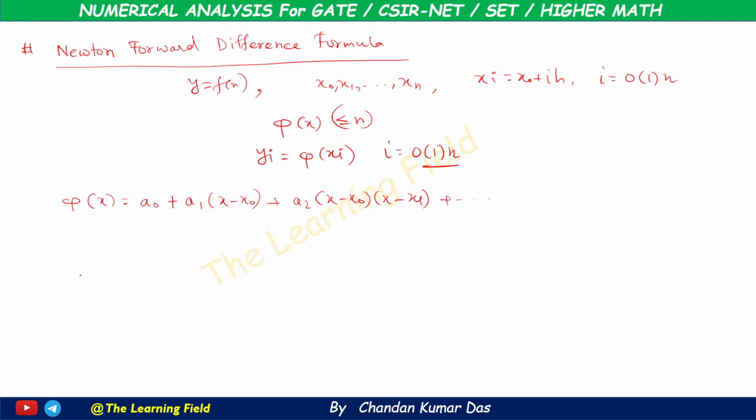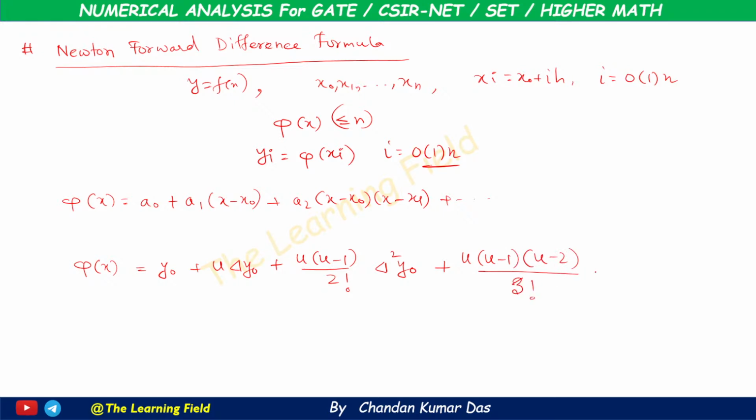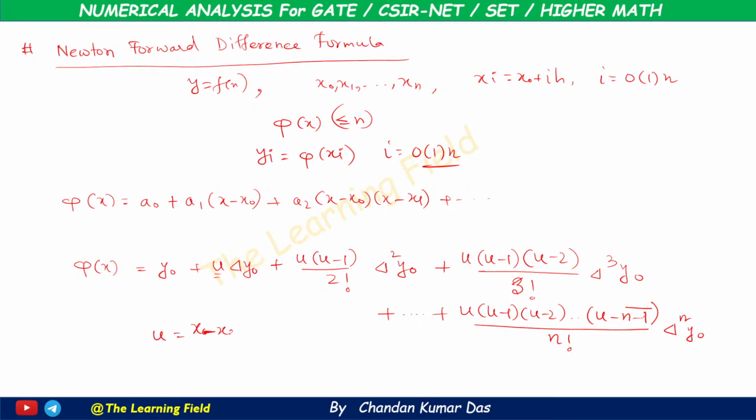The Newton forward interpolation formula phi(x) is equal to y0 plus u delta y0 plus u into (u minus 1) by 2 factorial delta square y0 plus u into (u minus 1) into (u minus 2) by 3 factorial into delta cube y0, and so on, plus the last term u into (u minus 1) into (u minus 2) up to (u minus n plus 1) by n factorial into delta to the n, the nth order finite difference of y0, where u equal to (x minus x0) by h.